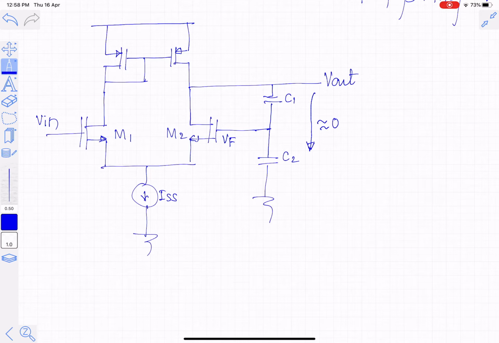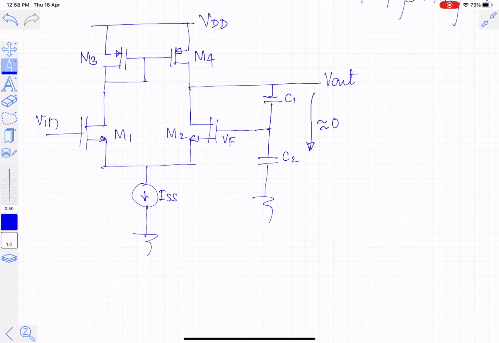So when can current be 0? When C1 and C2 offer an impedance equal to infinite. So we assume that M3, M4, C1 and C2 are chosen such that they don't load the feed forward amplifier. The feed forward amplifier consists of M1, M2, M3 and M4, that is the single-ended output differential amplifier. This is VDD.